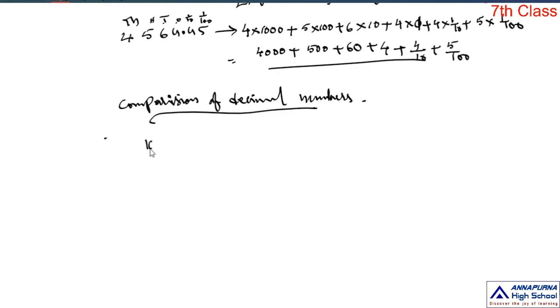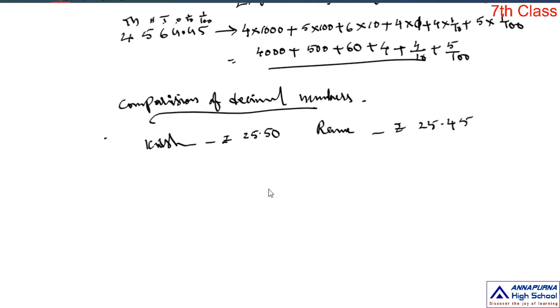Suppose, for example, Krishna has 25 rupees 50 paisa, whereas Rama has some other amount, 25 rupees 45 paisa. That means if you represent this, 25.50 and 25.45.